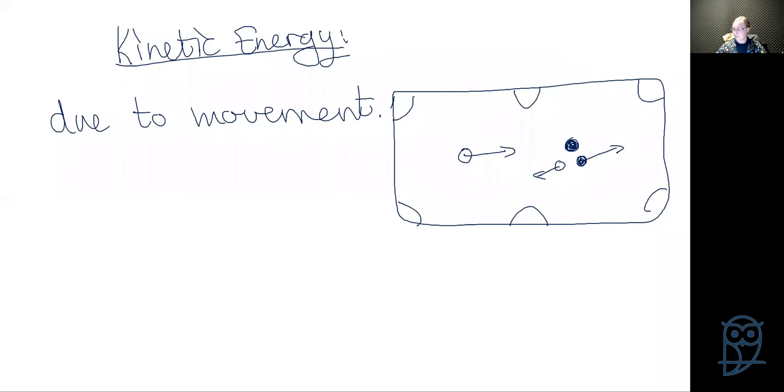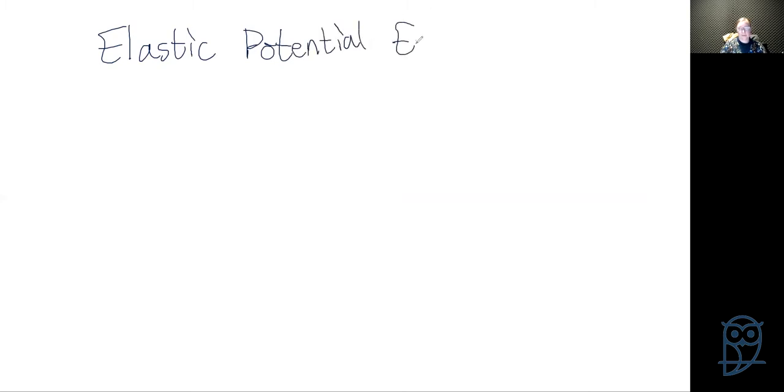So the next kind of energy due to movement is called elastic potential energy. Okay, so just like we had gravitational potential energy, elastic potential energy is the energy we have due to the fact that some kind of spring or elastic is acting upon the object.